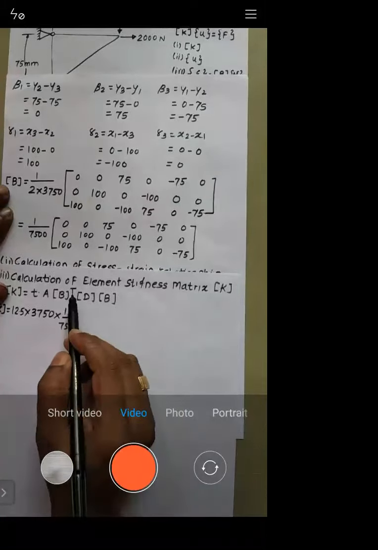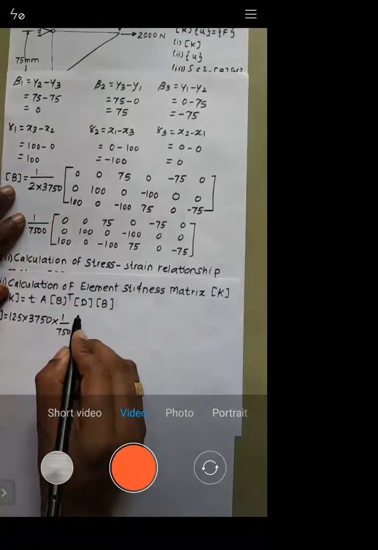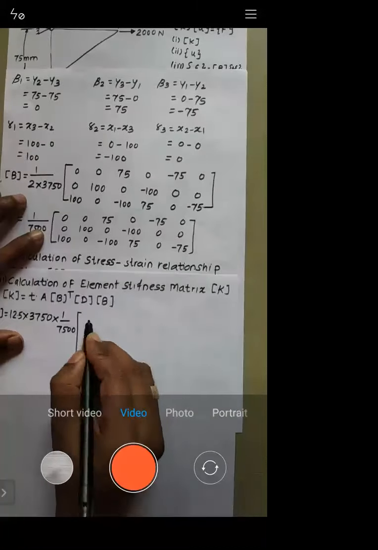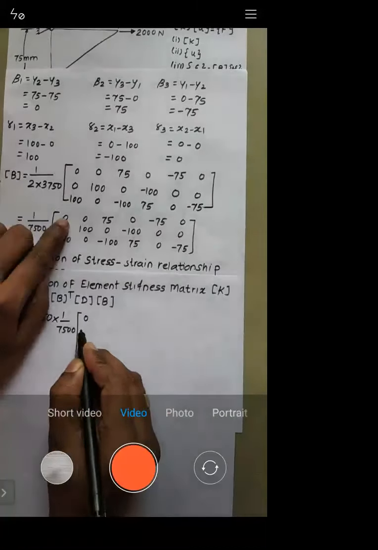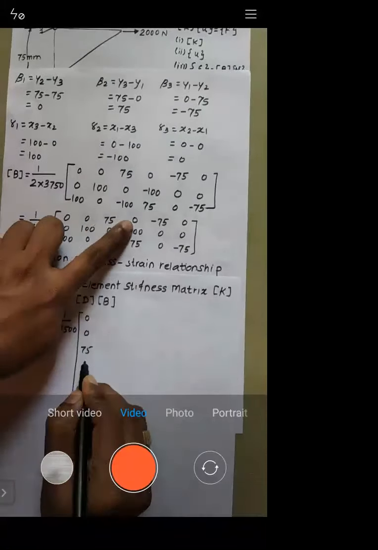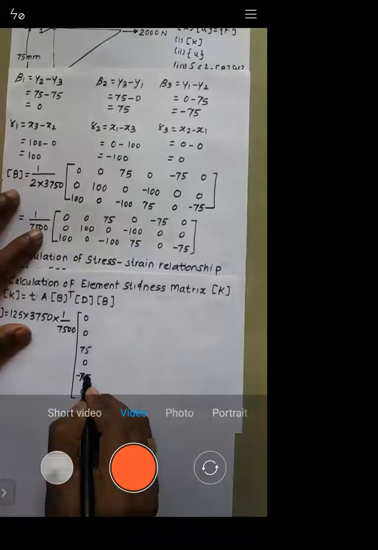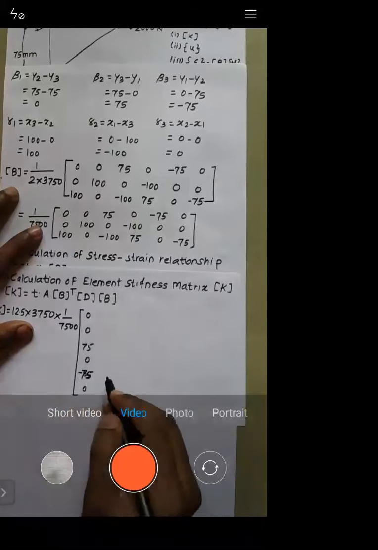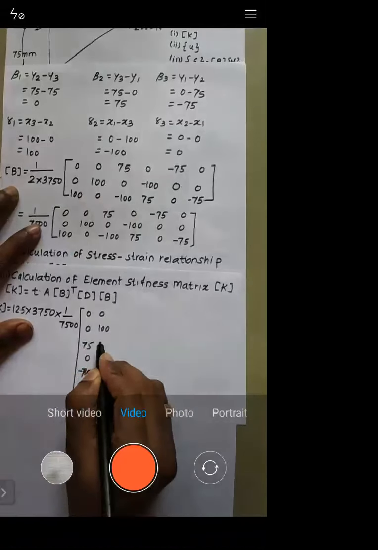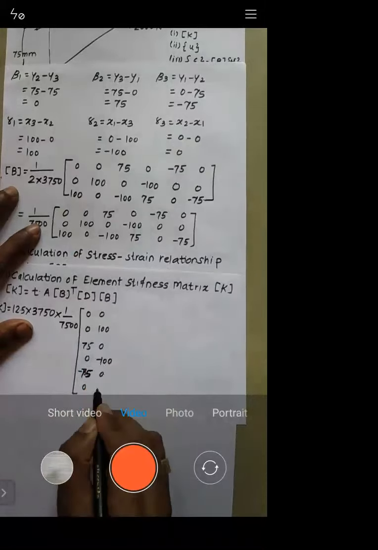Now I need to make it transpose, so this row becomes a column. So I need to write it down. This is 0, then 0, then 75, then 0, then minus 75, then 0. Next, 0, 100, 0, then minus 100, 0, 0.